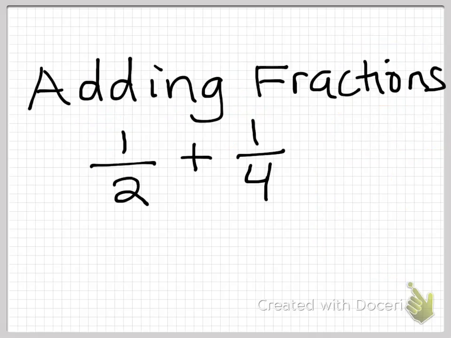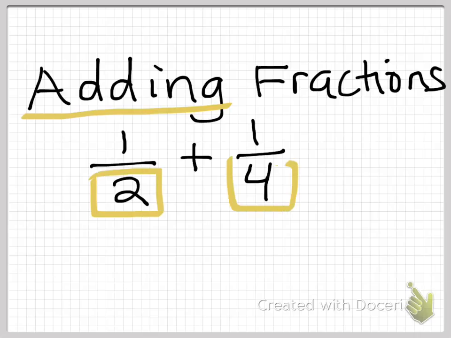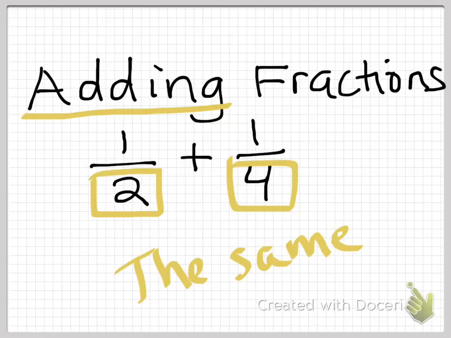Okay. Now, adding fractions is different than multiplying them because you cannot just multiply across. When you add fractions, your denominators need to be the same. They need to be the same.